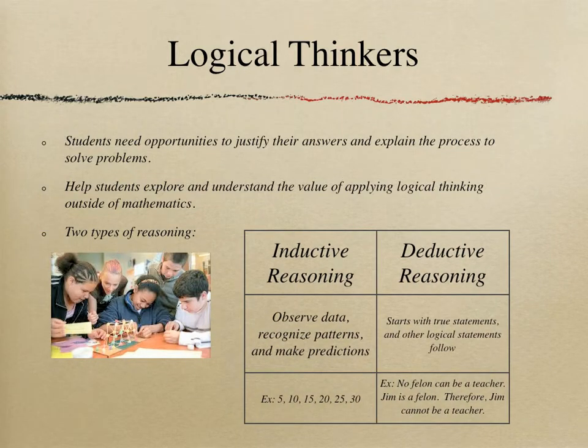Now there are two types of reasoning. There's inductive reasoning and deductive reasoning. In inductive reasoning, a person will observe data, recognize the patterns, and make predictions. And so when they first recognize the patterns, they will make a prediction, and sometimes this reasoning can be valid and sometimes it cannot be.